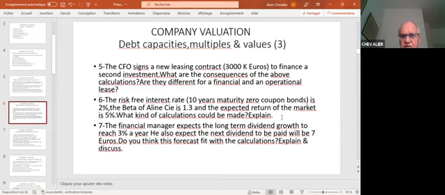A risk-free interest rate, 10 years maturity, 0 coupon, or infinite bond, depends on the market, is 2%. Okay. The beta of a lending company is 1.3. So remember, the 2% are government bonds, supposed to be zero risk. It's a strong hypothesis.